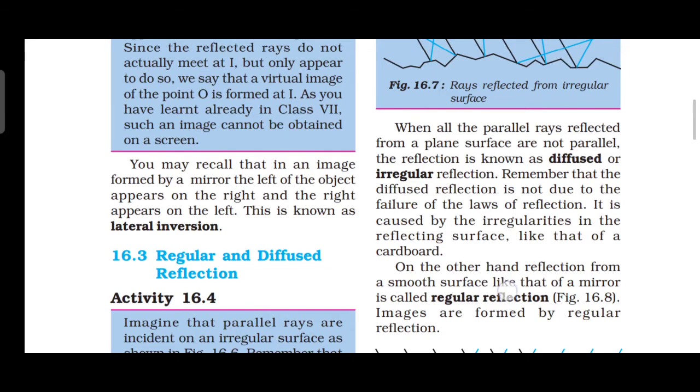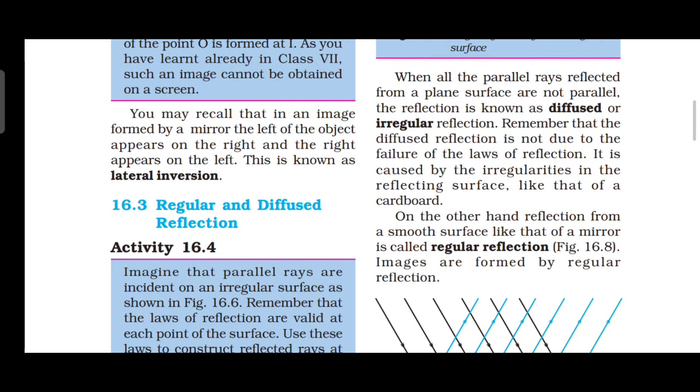Then the next topic is regular and diffused reflection. What is meant by regular and also diffused reflection? Here also, one activity 16.4. Here we want to imagine what? Parallel rays are incident on an irregular surface. It is not a smooth surface.